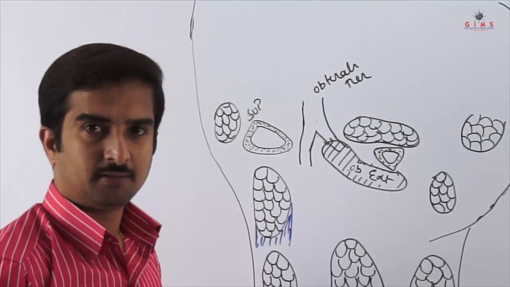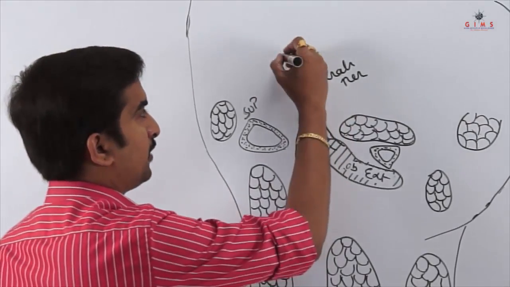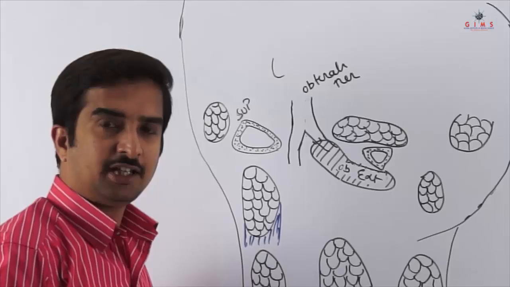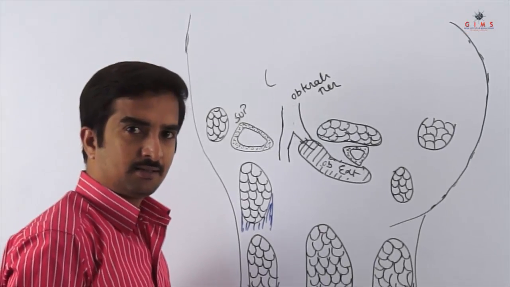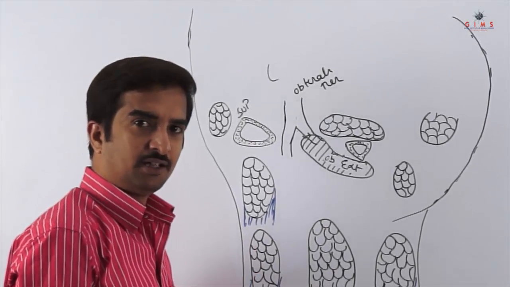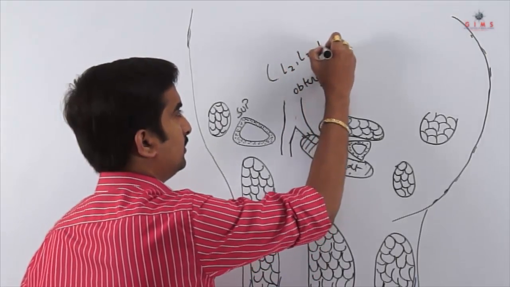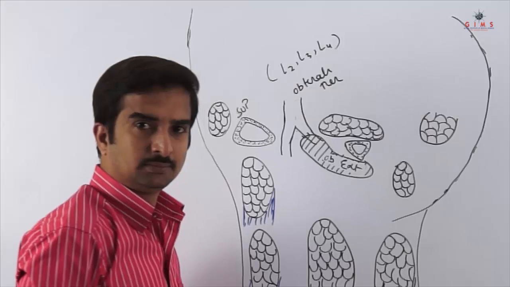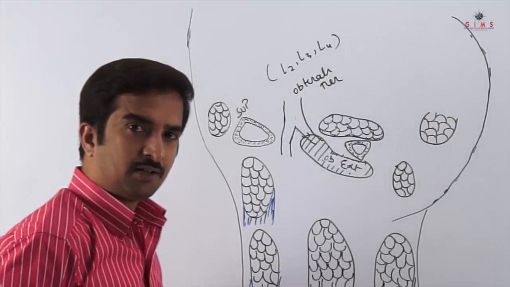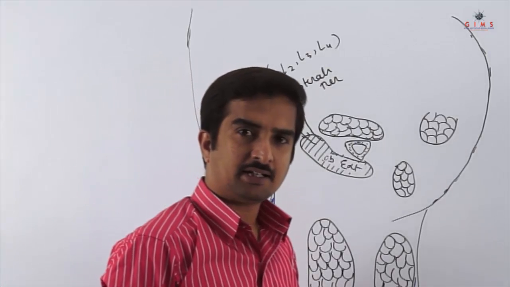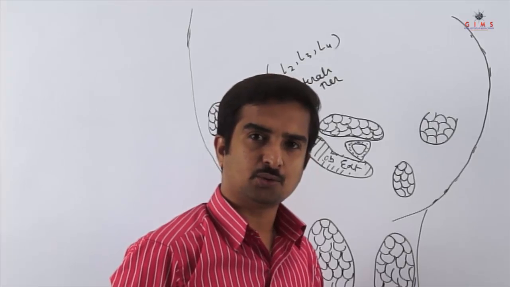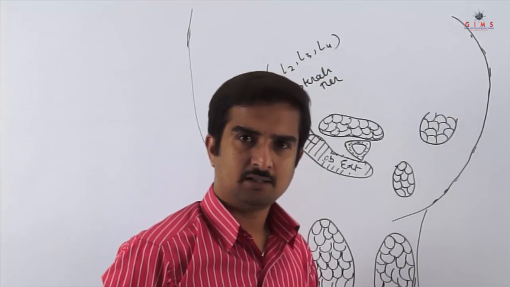I will repeat here. It is formed from the anterior primary rami, that is the ventral divisions of the lumbar plexus, L2, L3 and L4. The upper part of this nerve lies in the pelvis and it enters the thigh by passing through the obturator canal.